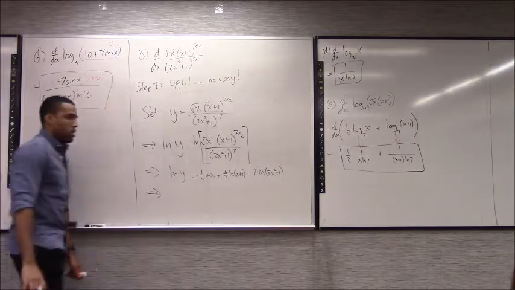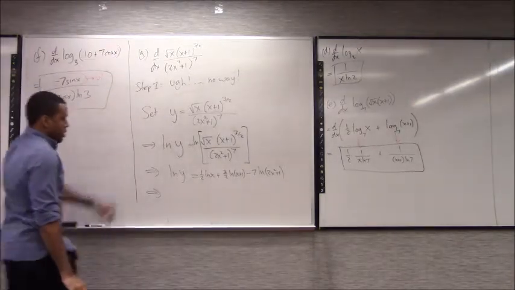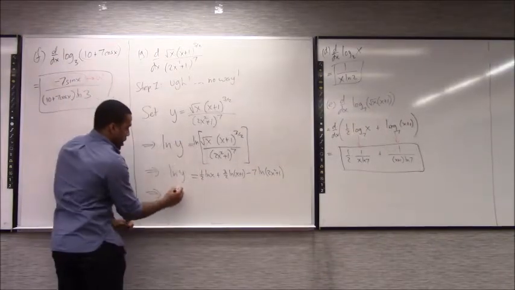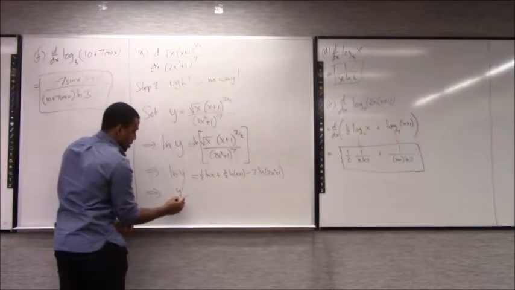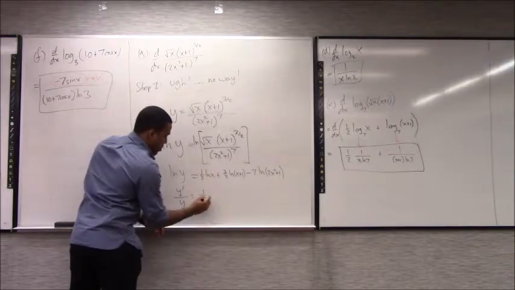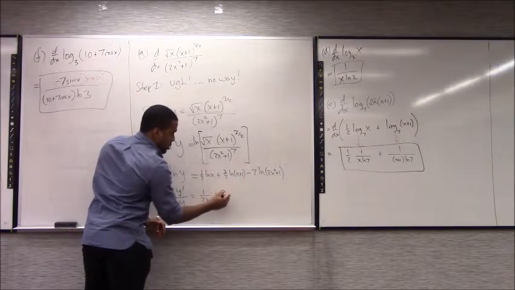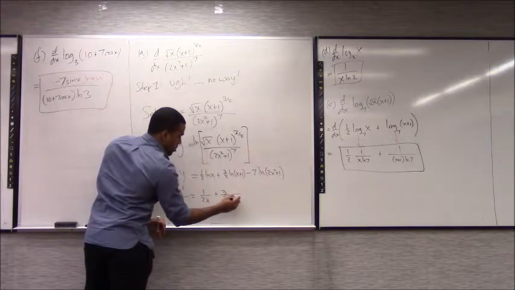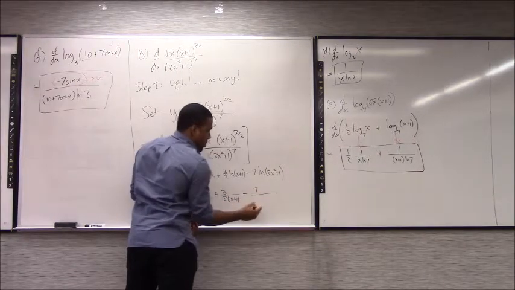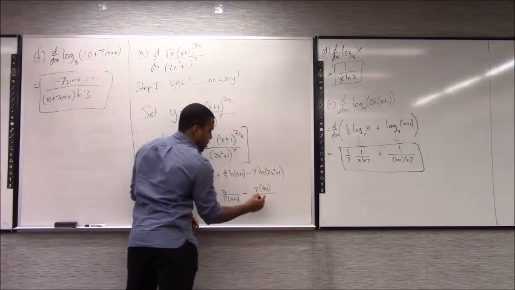And so now I can actually differentiate these. It's not so bad. Applying the chain rule everywhere, I get the derivative of y divided by y equals, here the derivative of that is 1/x. Here the derivative of this is 1/x plus 1. Here the derivative is going to be the derivative of that guy, which is 4x, divided by that guy.